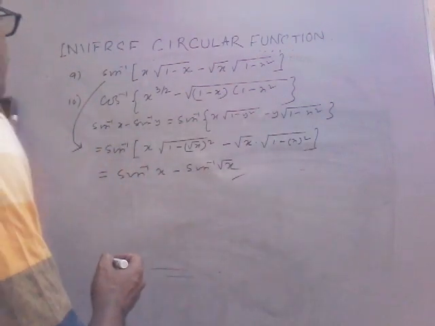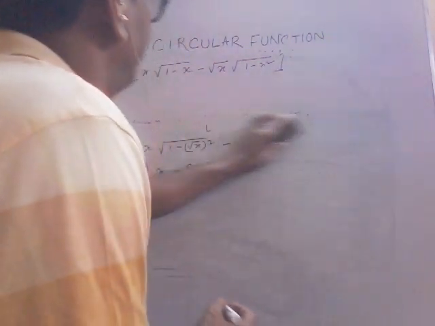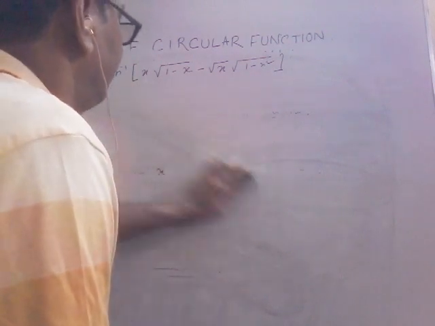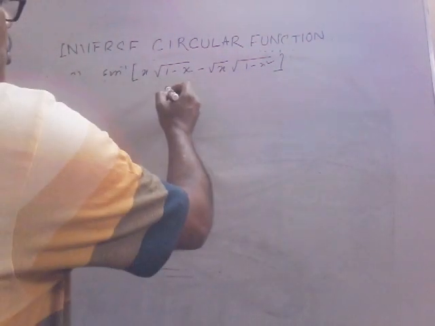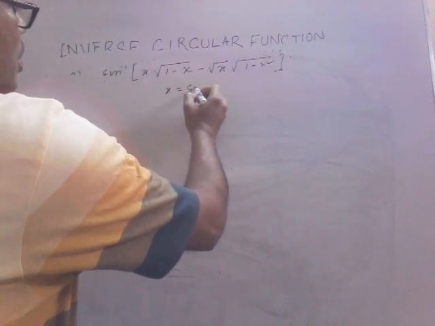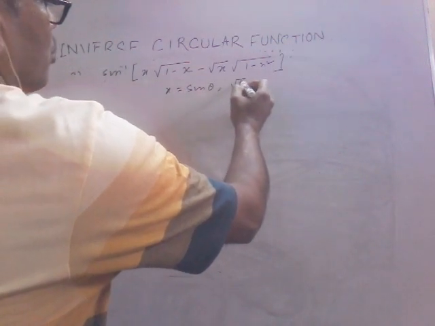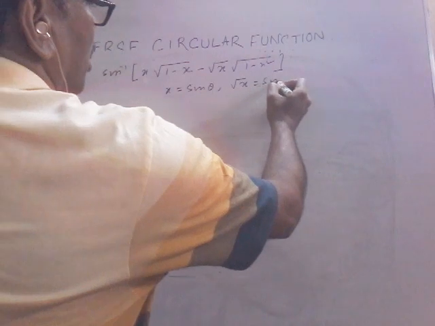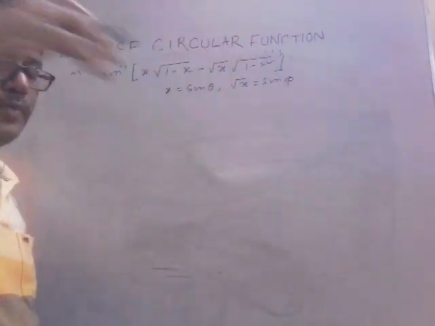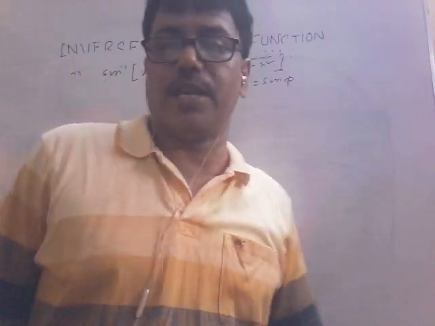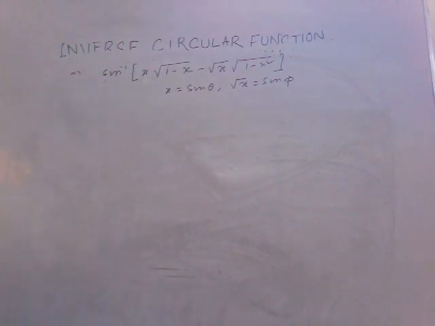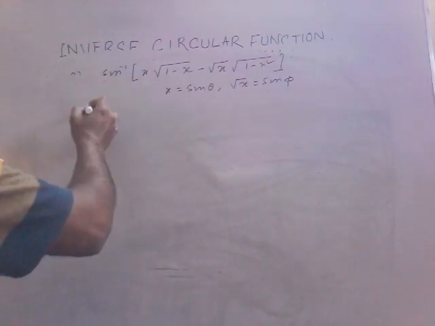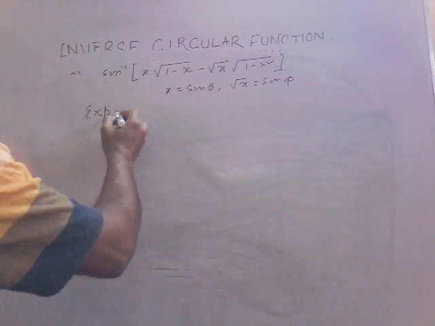Now alternative. So put x equals to sine theta and root x equals to sine phi. So what is the expression?